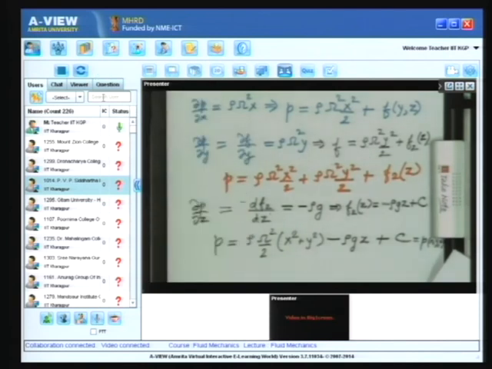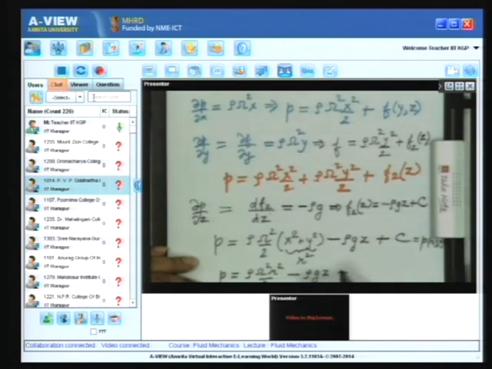Now, x square plus y square is r square. So, if you want, you can write this as rho omega squared r squared by 2 minus rho g z plus c.